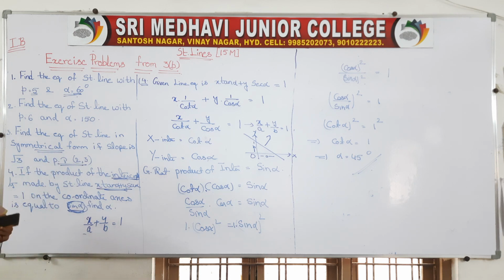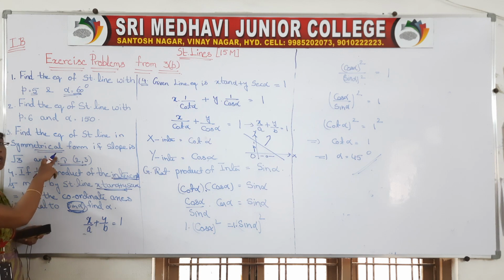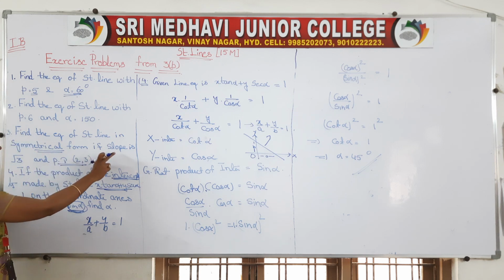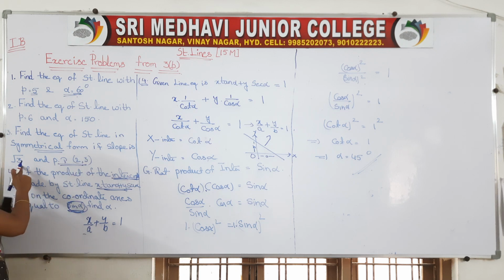So, symmetrical form, x minus x1 by cos theta is equal to y minus y1 by sin theta. So, to write symmetrical form, we need one point and angle, and observe in the given question, slope is given, point is given. I said we need angle and point. Point is okay. Where is the angle? It is through this.